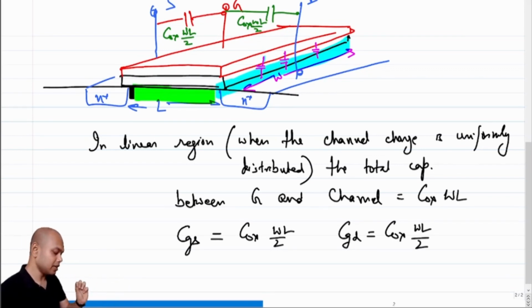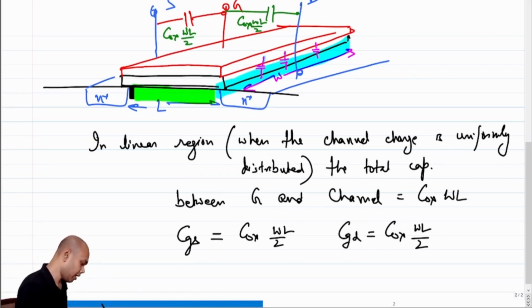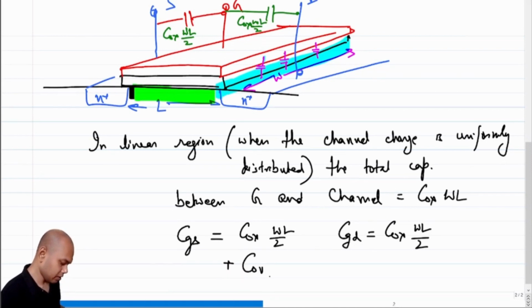So similarly, we'll have a plus C overlap capacitance on both sides, right?